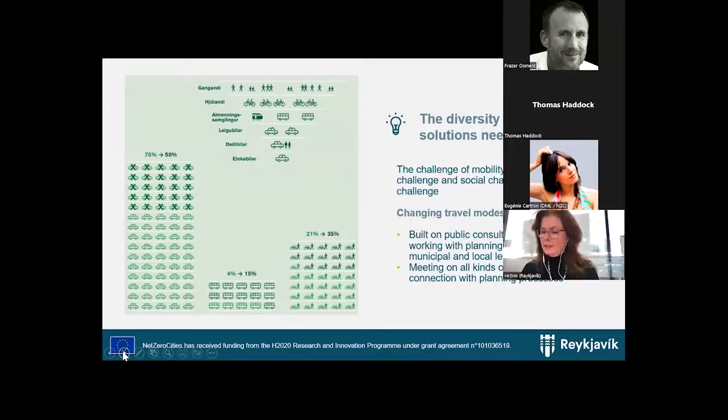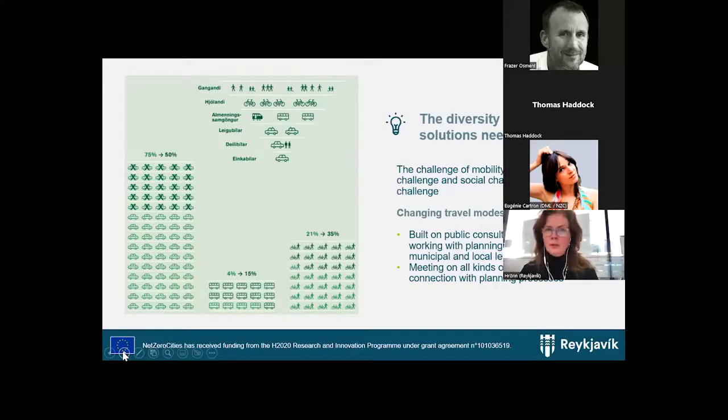This is the goal on actually changing the travel modes, and it is within the municipal plan, and maybe similar to Exeter, we are taking neighborhood solutions and so on, so that it's easier to walk and bicycle within the city.